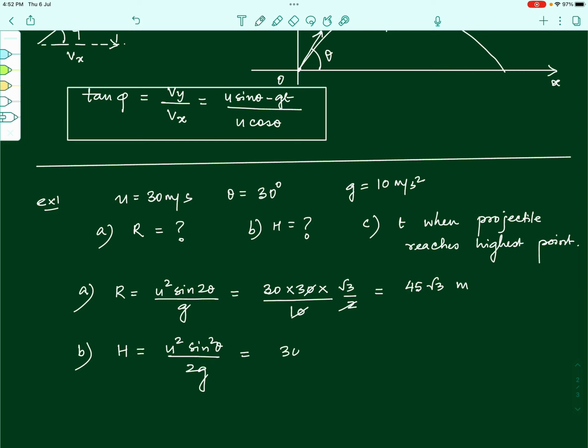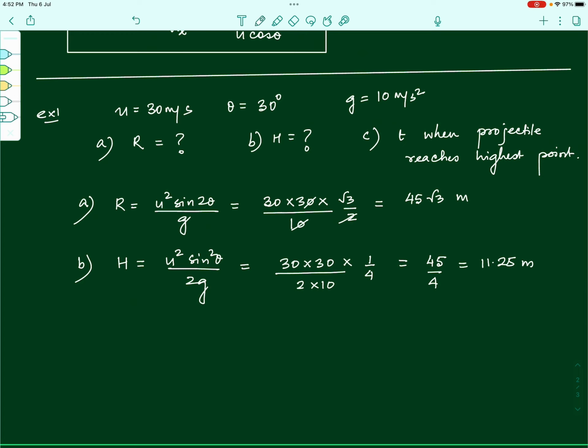U squared is once again 30 squared into sine squared theta, which is sine squared 30. Sine 30 is 1 by 2, so it will be 1 by 2 whole squared, 1 by 4, divided by 2g, 2 into 10. Solve this number directly to get the answer. This will come out to be 45 by 4, which will be 11.25 meters.